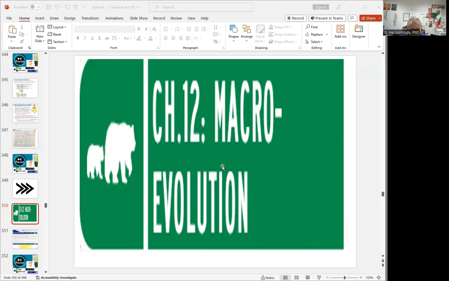Remember, chapter 12 has everything in chapter 11, but also talks about macro-level evolution, which is about species. It also talks about examples like bacterial resistance, barriers, and allopatric speciation or sympatric speciation. So a few key points here.